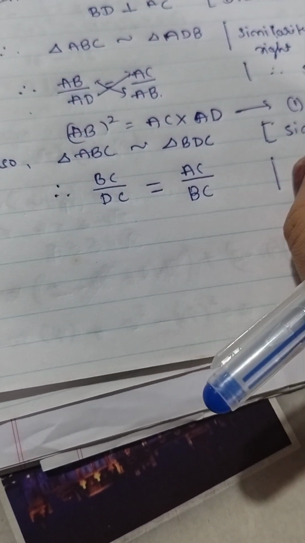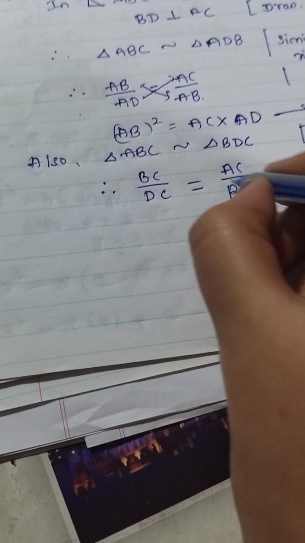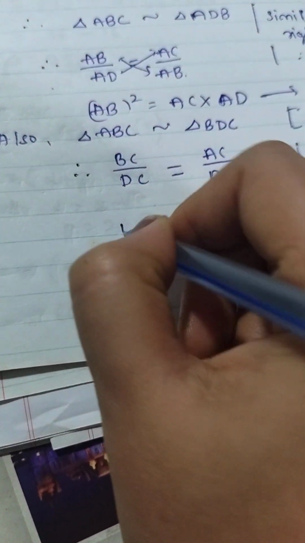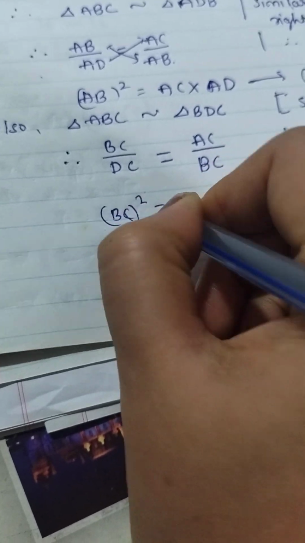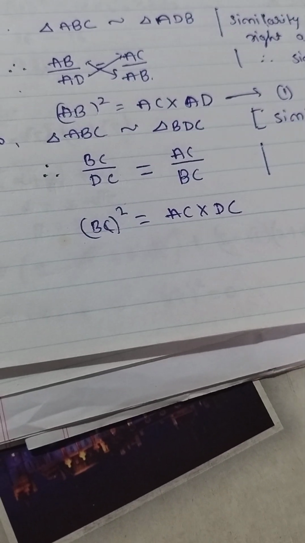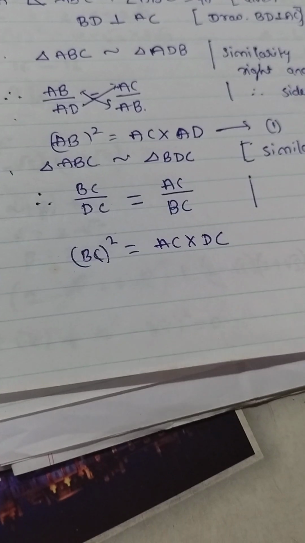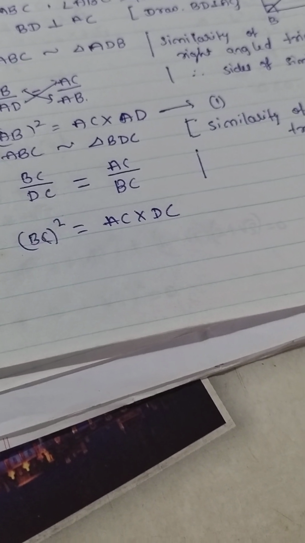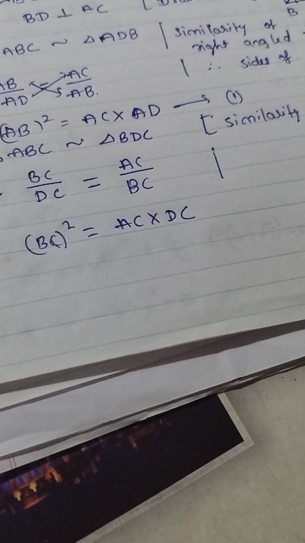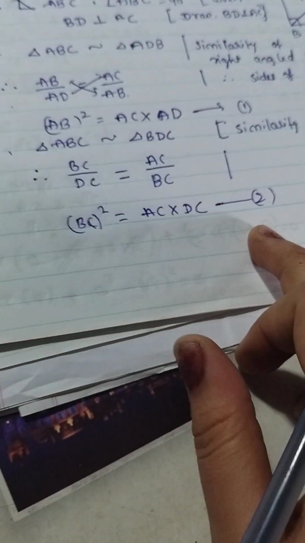This is because of corresponding sides of similar triangles. So do cross multiplication here. BC square is equal to AC into DC. This is called equation number 2.